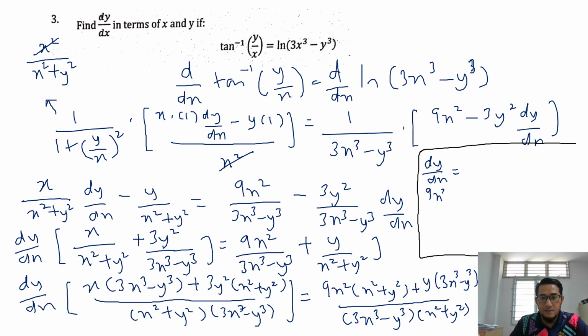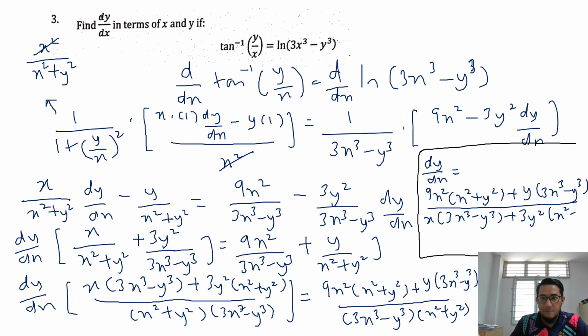So 9x squared times x squared plus y squared plus y times 3x cubed minus y cubed, over x times 3x cubed minus y cubed plus 3y squared times x squared plus y squared. Okay, alright, this is the answer.